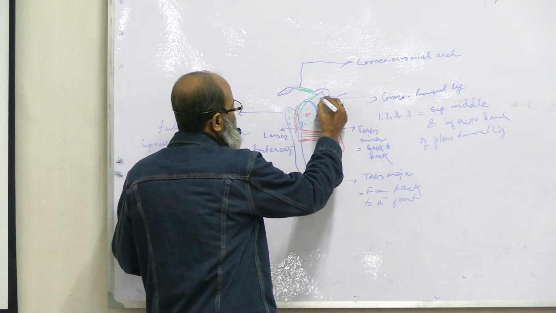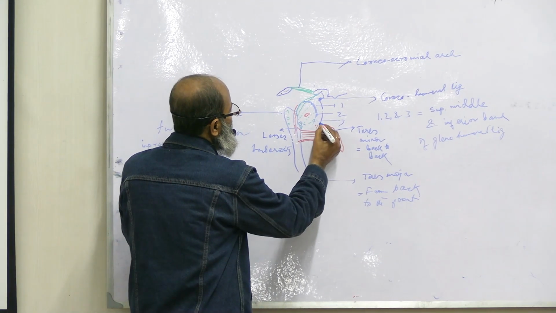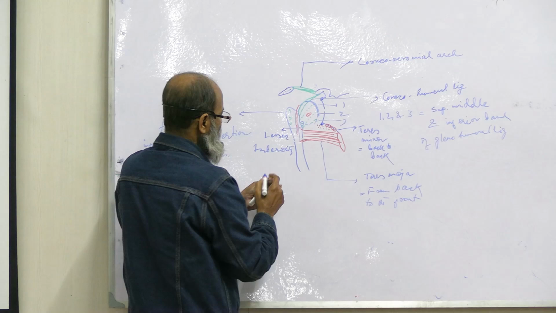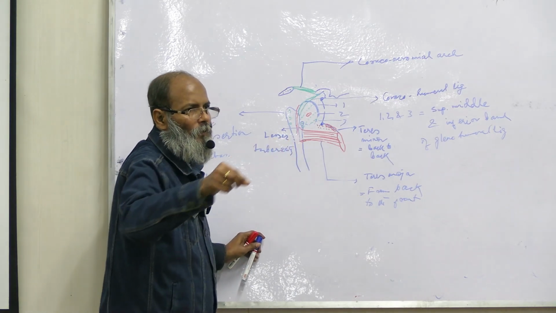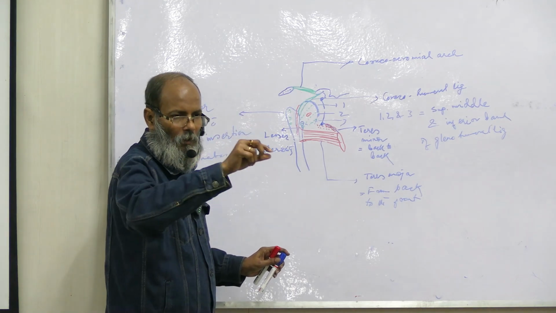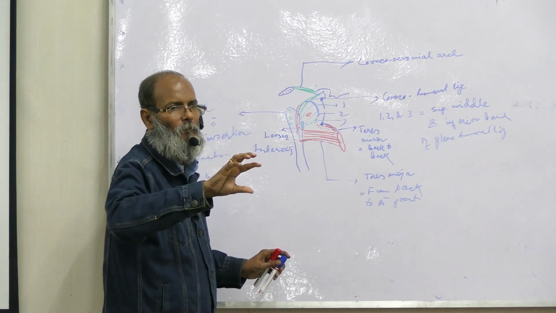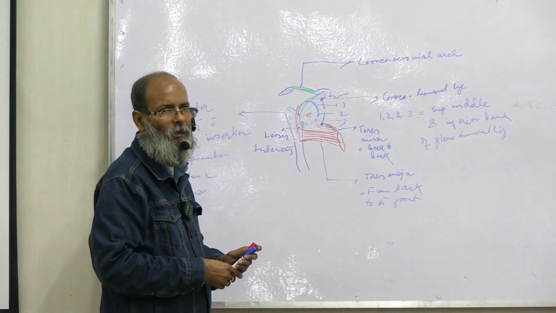Here from the supraglenoid tubercle, the long head of biceps comes. From the infraglenoid tubercle, the long head of triceps comes. The tendon of the biceps covers the anterior part of the head and goes down with the sheath along the bicipital groove.